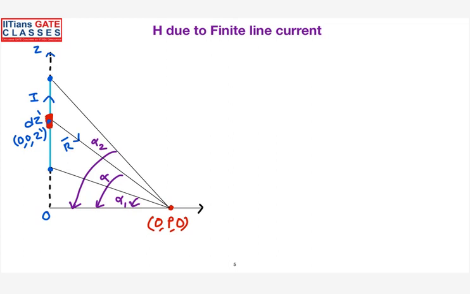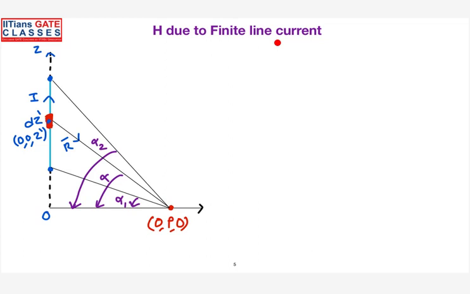Just below this edge, there is no current. Similarly, above this edge, there is no current. So Ampere's law cannot be applicable. But of course, you can make an approximation, so whatever you get with Ampere's law is approximated even in this case. But I have considered this topic just to explain how you can find out the magnetic field using the conventional technique of Biot-Savart's law. That is the main intention.